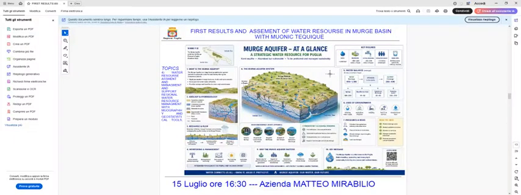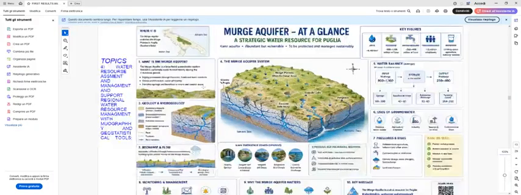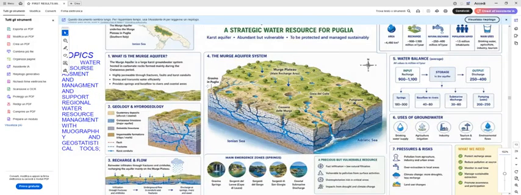Murge aquifer at a glance. It is a karst aquifer, so how is this aquifer built up? What is the Murge aquifer? The Murge aquifer is a large karst groundwater system hosted in carbonate rocks formed mainly during the Cretaceous period.